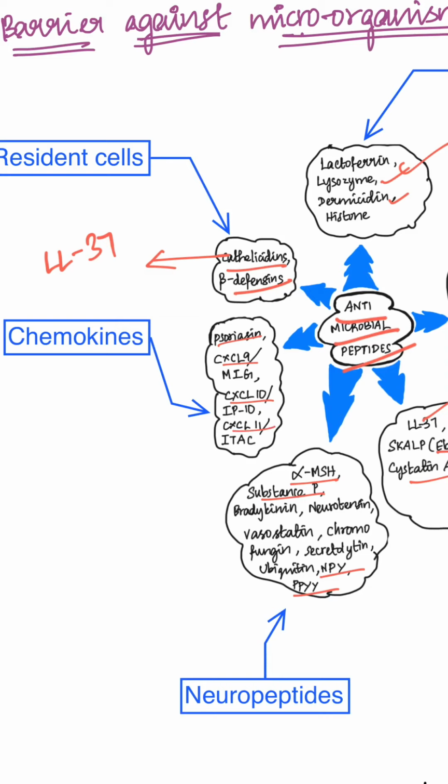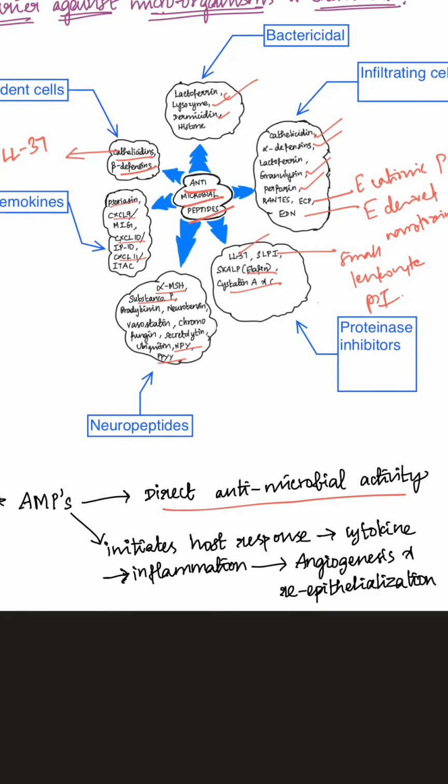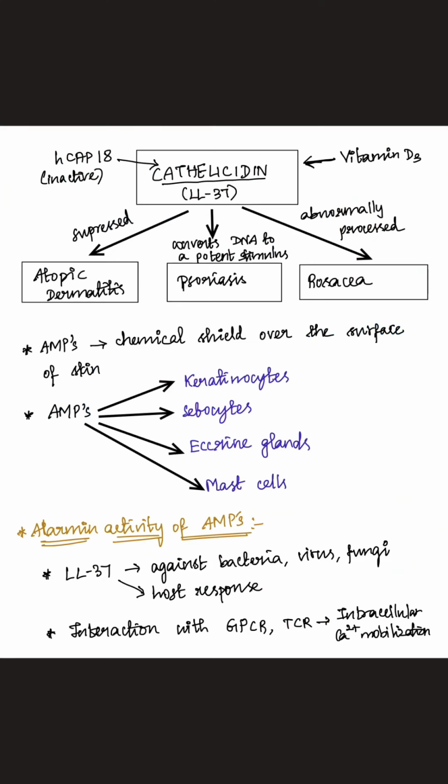So these antimicrobial peptides have a direct antimicrobial activity against bacteria, virus and fungi, and at the same time they initiate a host response which leads to a cytokine storm and then produces inflammation, which then leads to angiogenesis and reepithelialization.